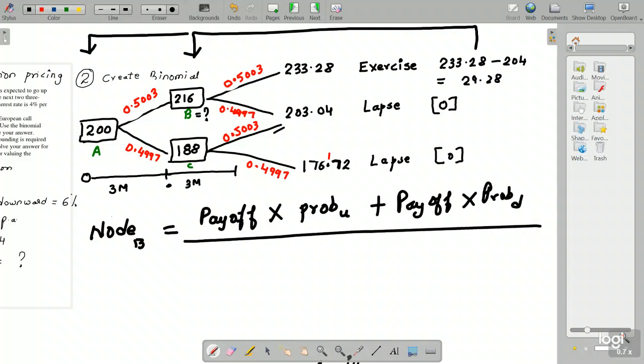This whole divided by the exponential, so e^(rt). In some of the books you may see that it will be discounted by r, that is your risk-free rate of return with respect to the time. But because this question was specifically continuous, we are following this one. So what is the payoff? If you are going to exercise the contract, what is the payoff, right? We have already calculated our payoff, which was 29.28.